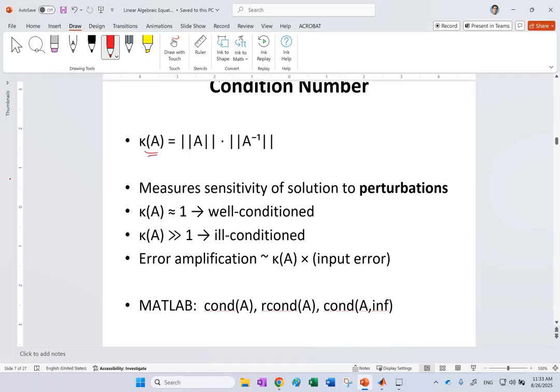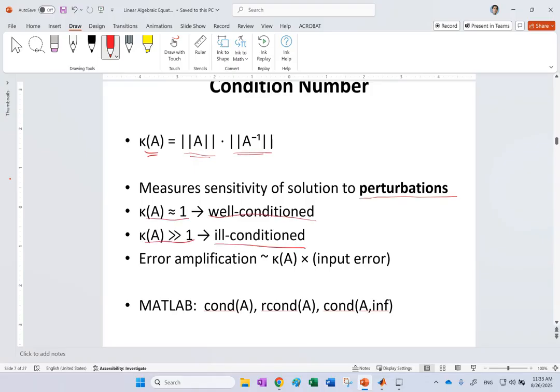Okay, and this condition number will tell you, if you provide any perturbations to your right-hand side or to the numbers in the A matrix, whether the solution you will get will change dramatically or just change a little bit. So if this condition number, which comes from the determinant of the A matrix and the determinant of its inverse, is around 1, your system is well conditioned.